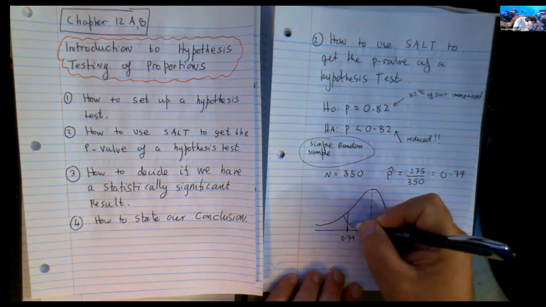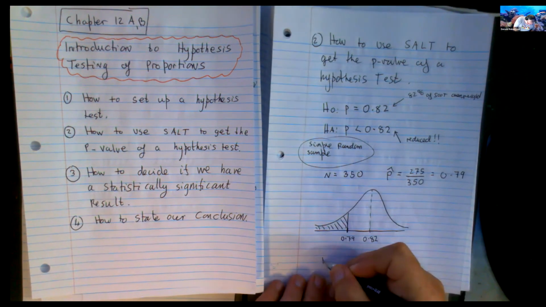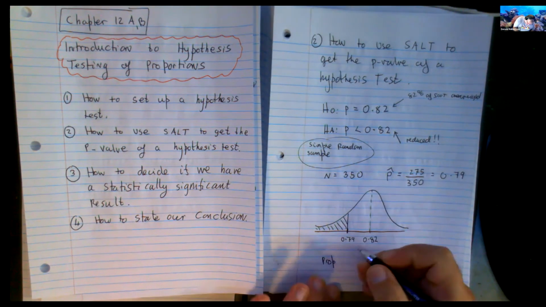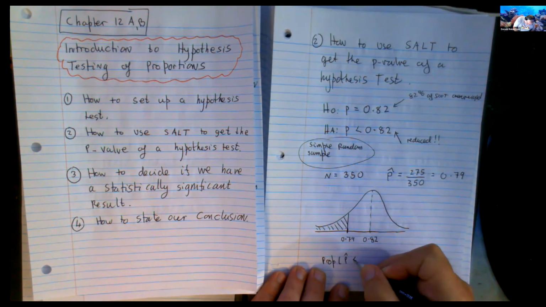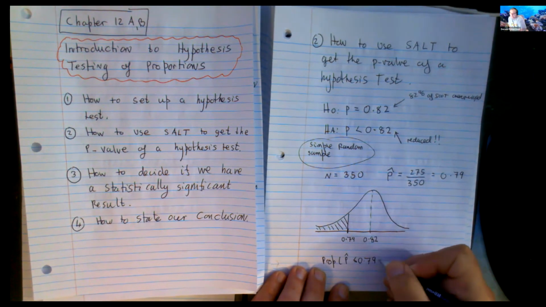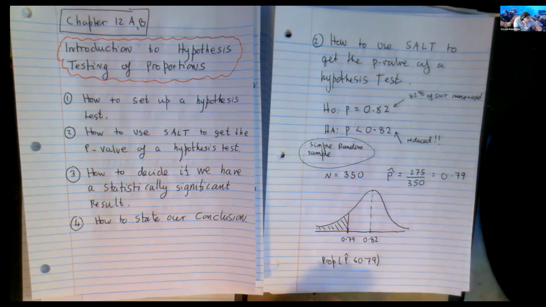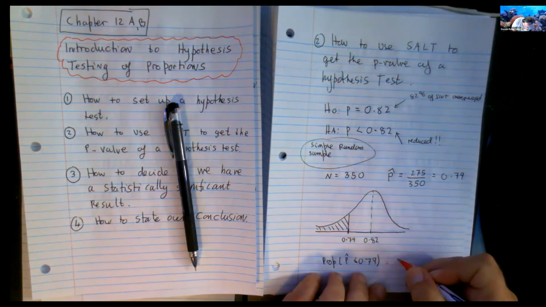And we find the probability that you get a proportion, a p-hat, less than or equal to, in this case, 0.79. And that guy is called the p-value.